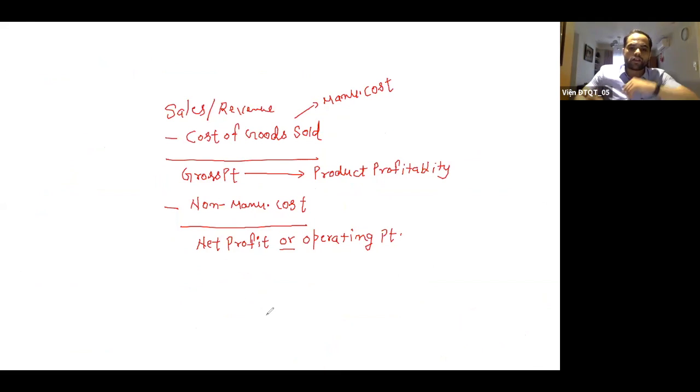So we call it net profit before, sorry, I forgot to write here, before. Net profit before, or operating profit, right? Now from this one, we're gonna minus interest, tax, and dividend.